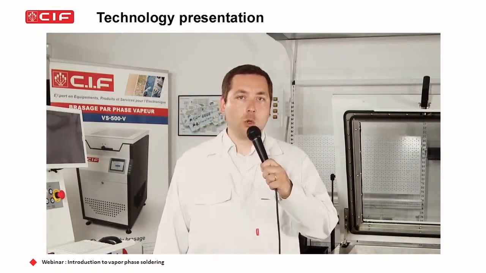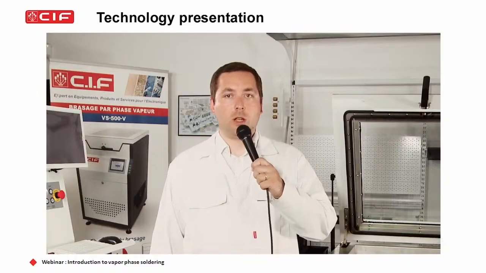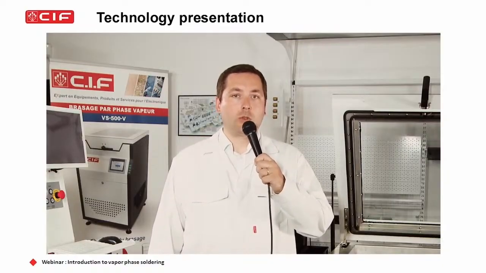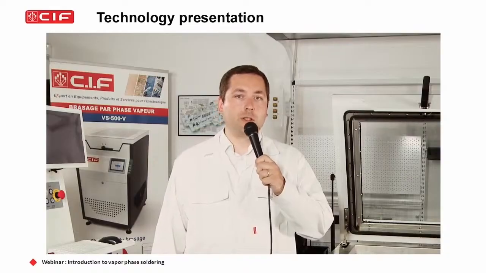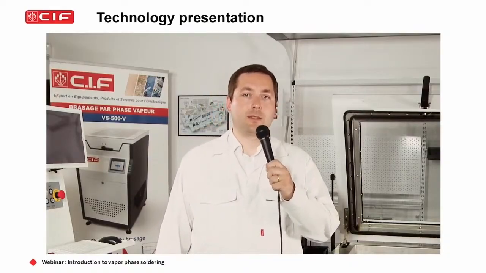It means you will pick the Galden type according to the temperature you want to reach. For instance, you will be using Galden 240 to reach 240 degrees, or Galden 260 to reach 260 degrees.